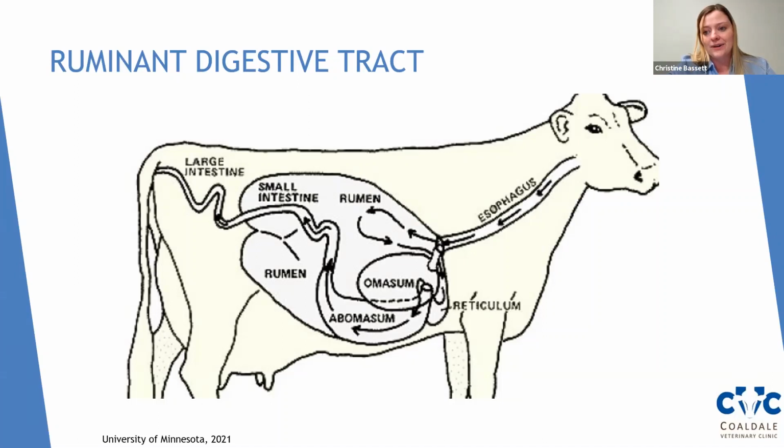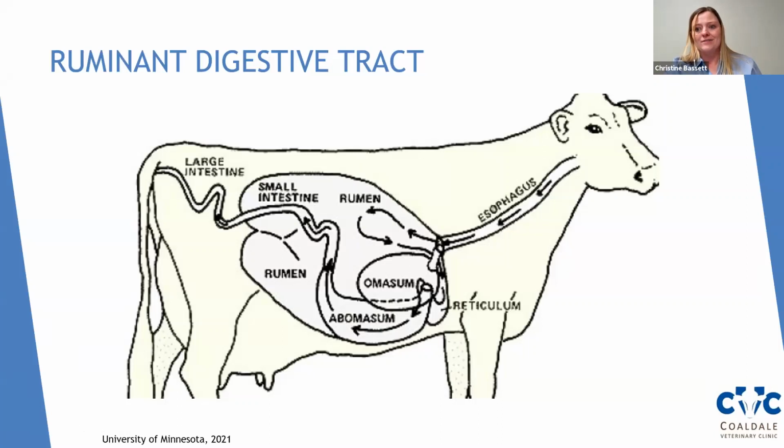While it's in there, the rumen is going to be contracting. Basically the rumen is like a big mixer. And as it's mixing, the larger particles in the rumen are going to mat together and form a bolus, which will get caught in the reticulum.